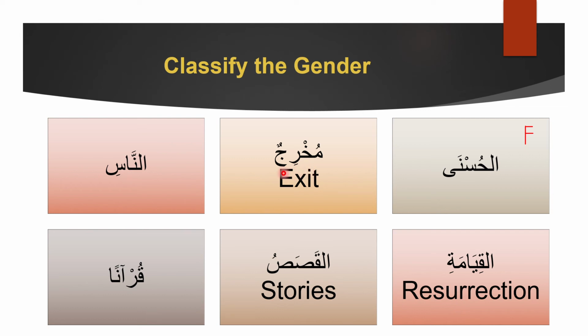Next, mukhrijun. First of all, we'll assume that this is masculine, and then we have to find the reason for it being feminine. In this case, we can't find any reason for it to be feminine because does it have any of the endings? No, it doesn't. Is it a broken plural? The meaning tells you that it's not a broken plural. Is it one of the words that are feminine because the Arab said so?